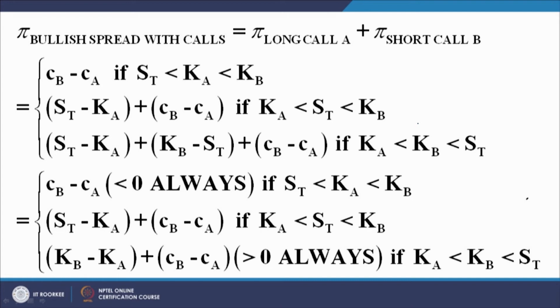You can see here in this particular set of equations, if S t is less than K A less than K B, the net payoff is C B minus C A, which is negative. If S t is greater than K A but less than K B, then the payoff is this, and this is directly related to S t.